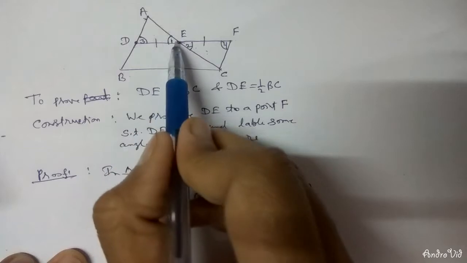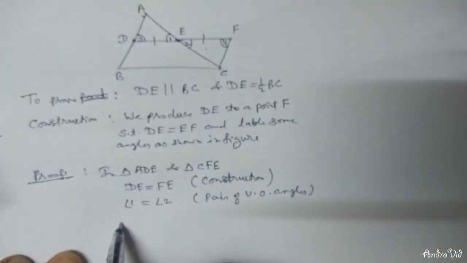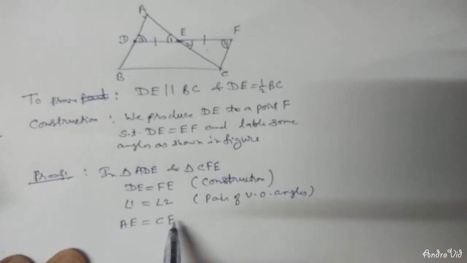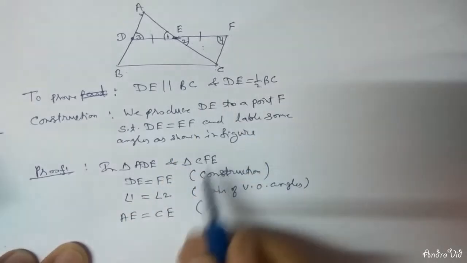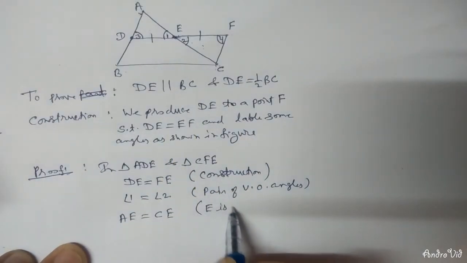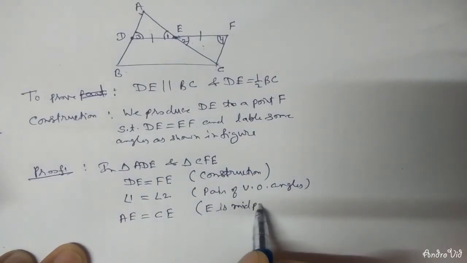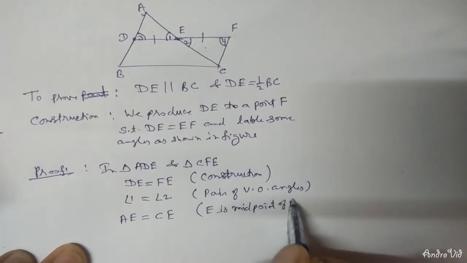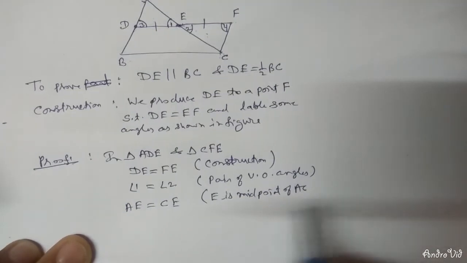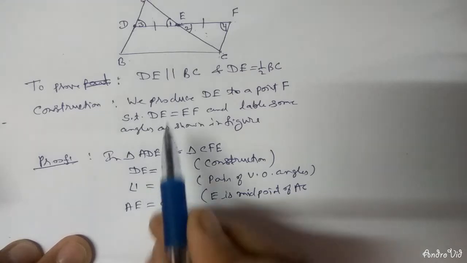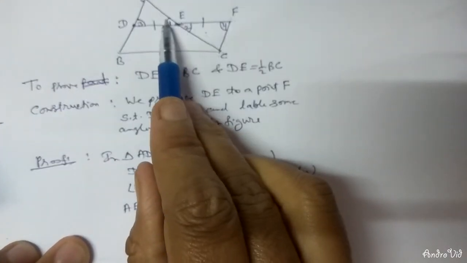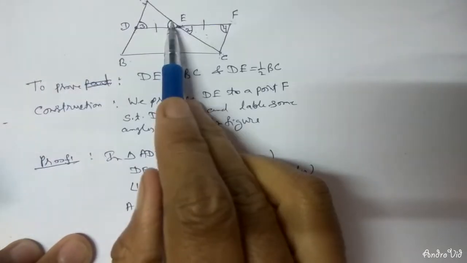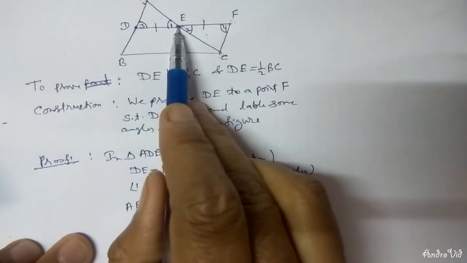Then AE is equal to CE. Why? Because E is midpoint of AC. So we have here DE is equal to FE, angle 1 is equal to angle 2, and AE is equal to CE.